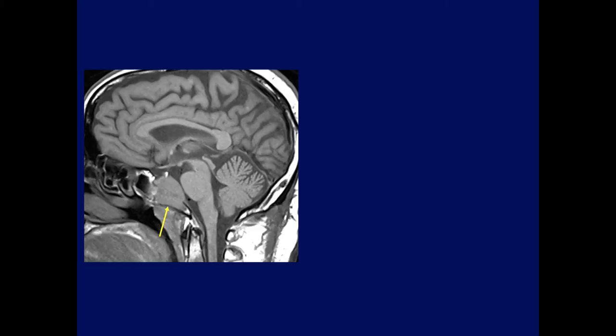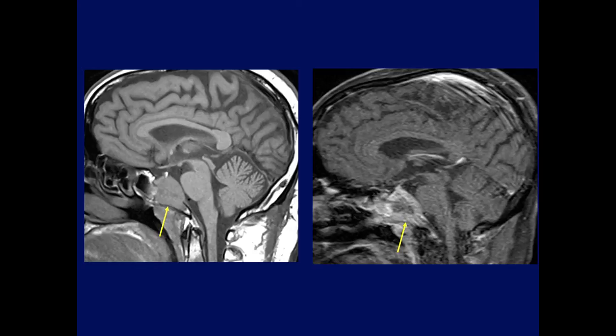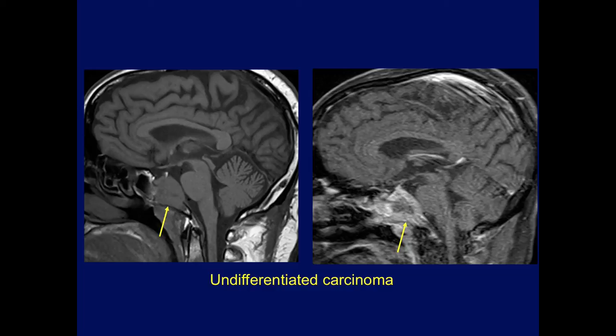This was one of my cases I like to throw in. Simulates a meningioma, but was not. Here's a post-contrast. Any other possibilities? Correct. As Gino said, this was an undifferentiated carcinoma, metastatic lesion.